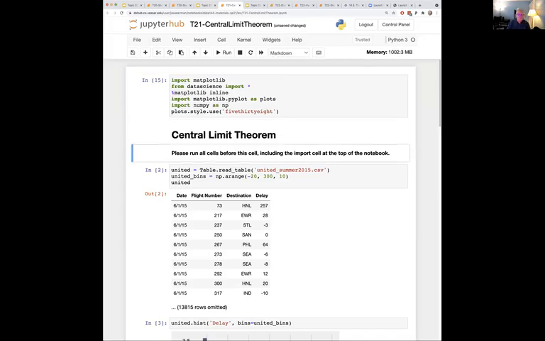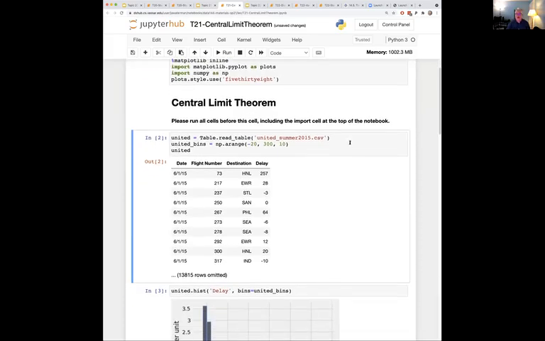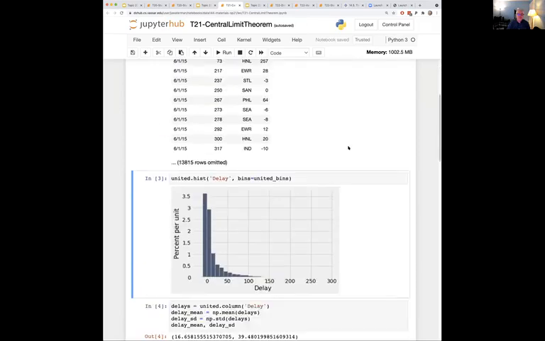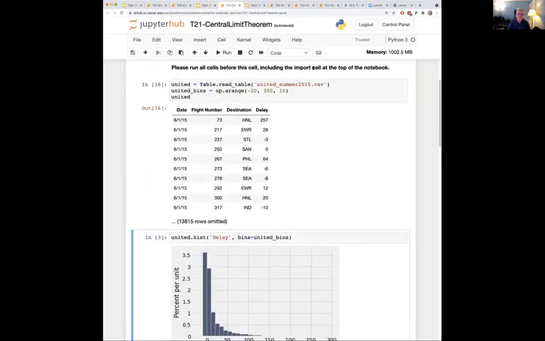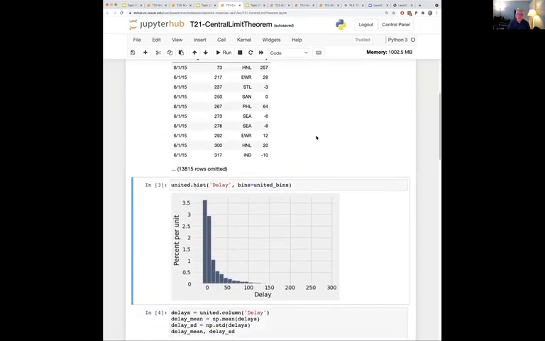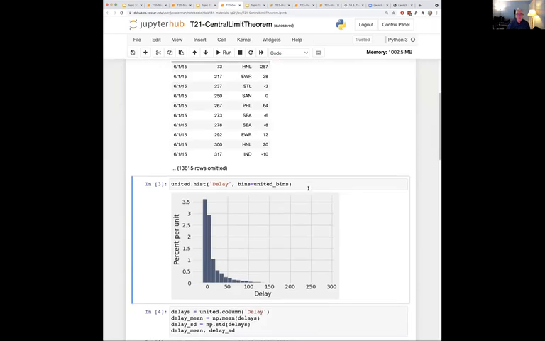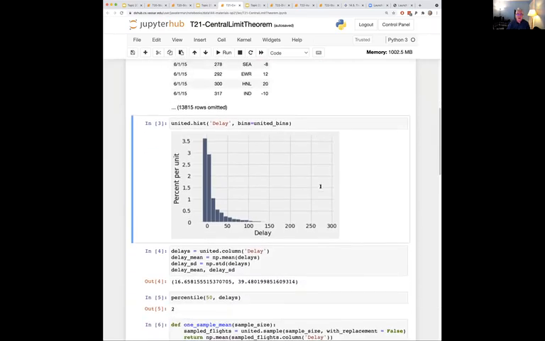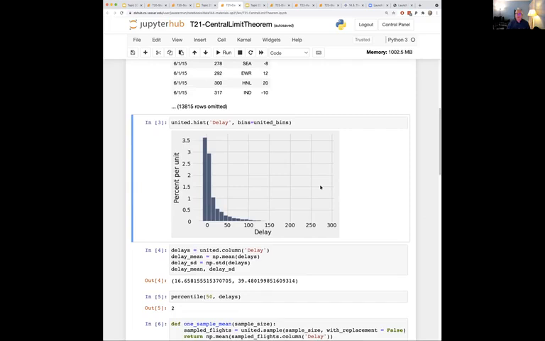We're going to go back to our flight delay data. If you remember, here's the histogram of that. We're measuring the delay in flight departures in minutes, and this is the distribution of the delays.